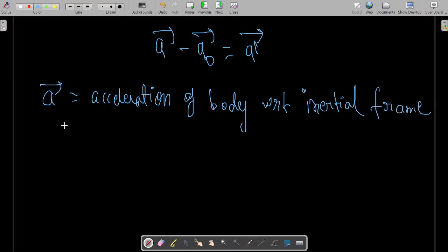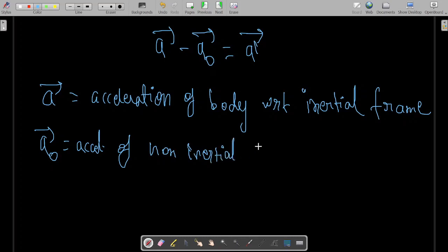Now what is your A naught? Clearly your A naught is the acceleration of non-inertial frame with respect to what? Inertial frame.